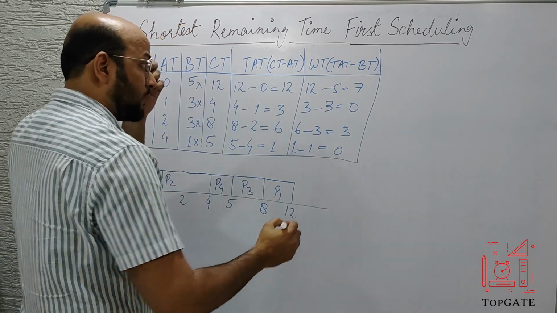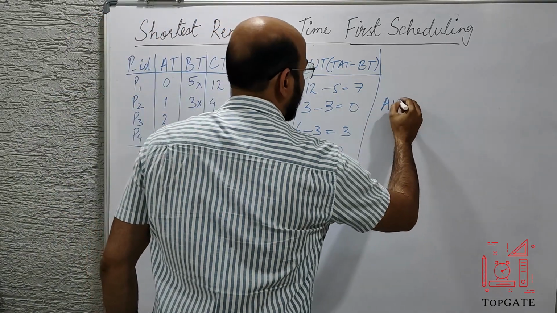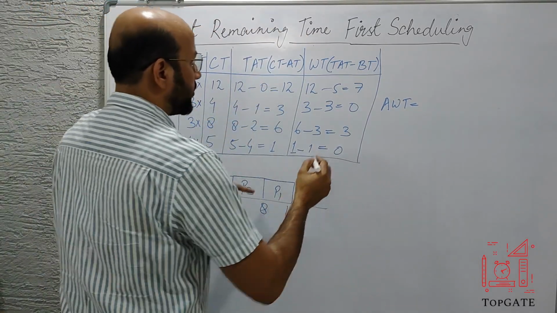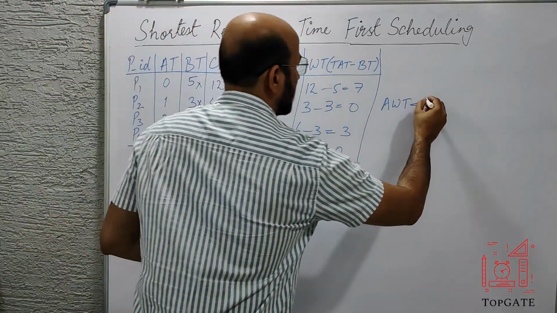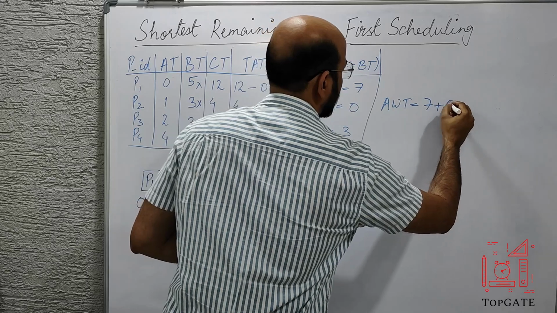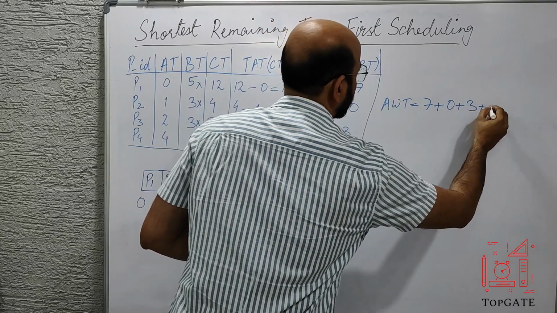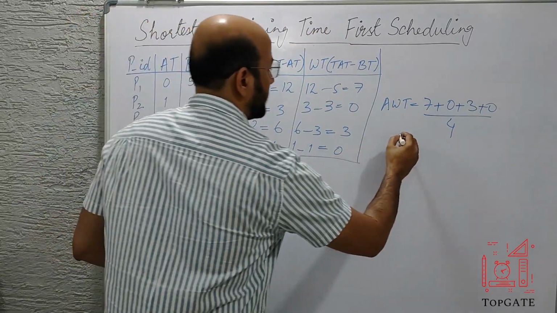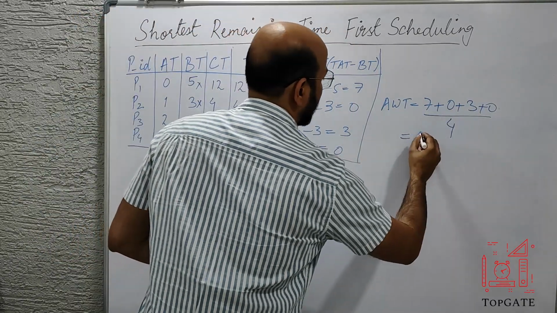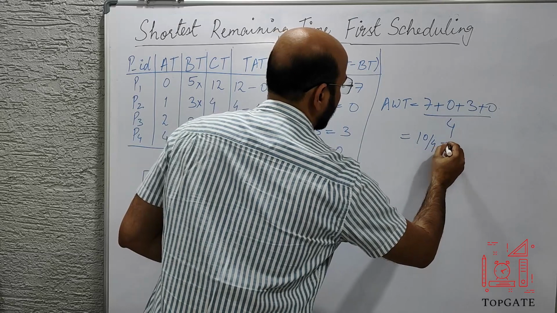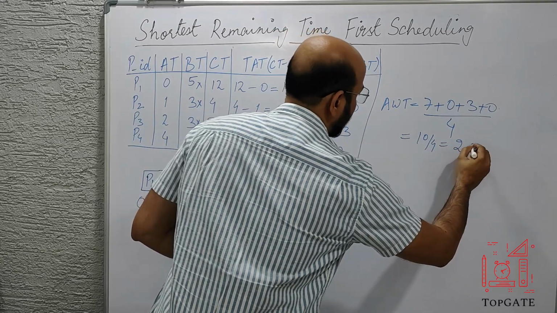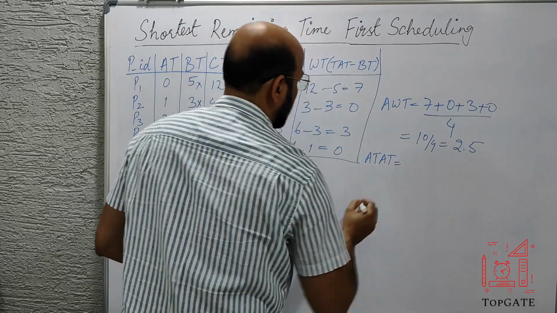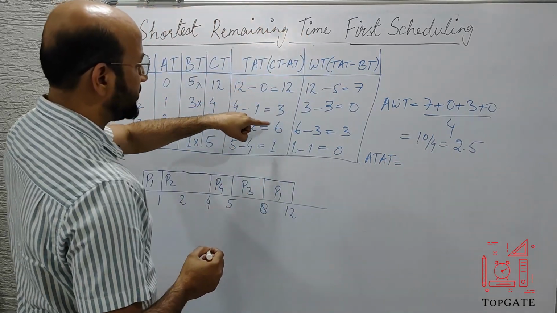So now let's quickly calculate the average wait time. The wait times are, sorry, 7, 0, 3, 0. So 7 plus 0 plus 3 plus 0 divided by 4 processes. It will give you 7 plus 3, that is 10, divided by 4, which gives 2.5. And then the average turnaround time: 12, 3, 6, 1.